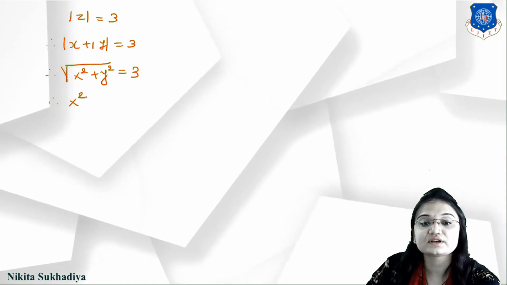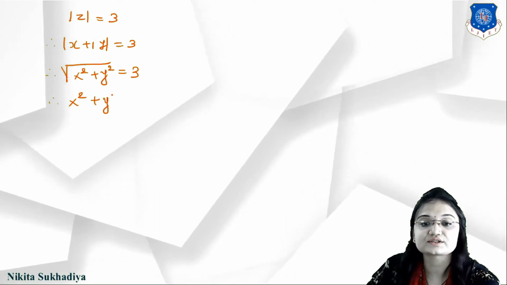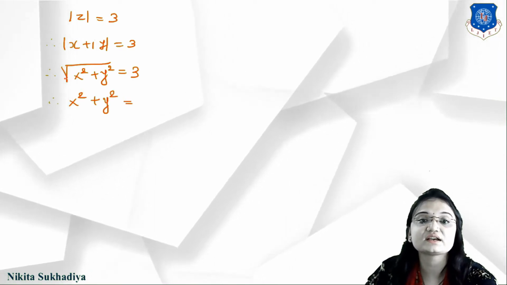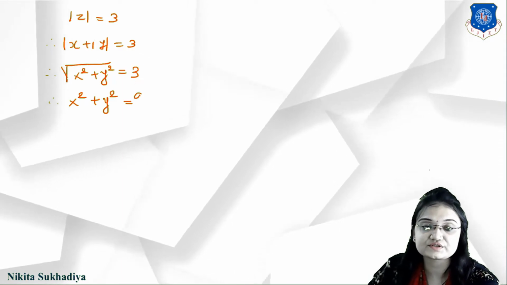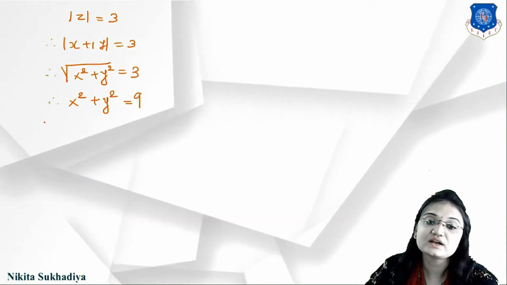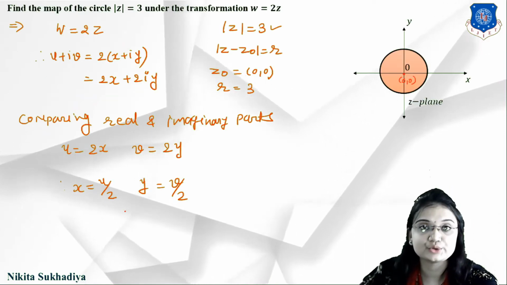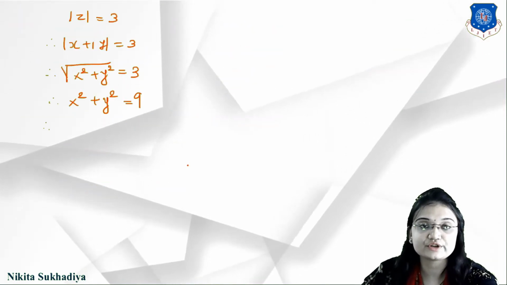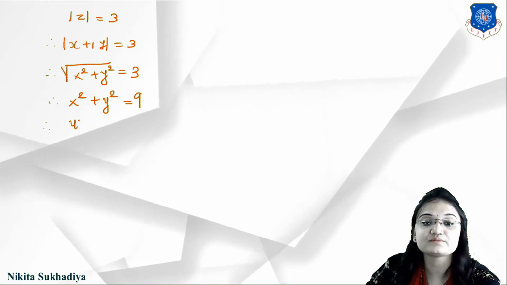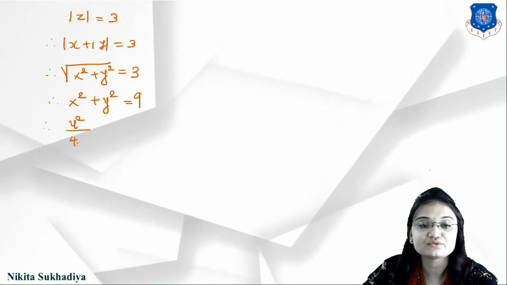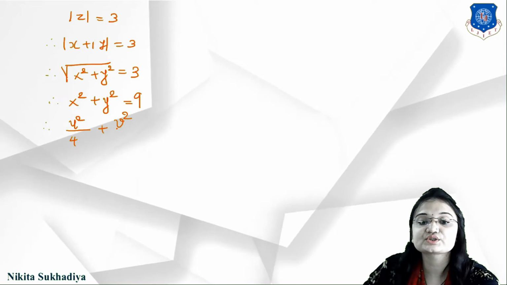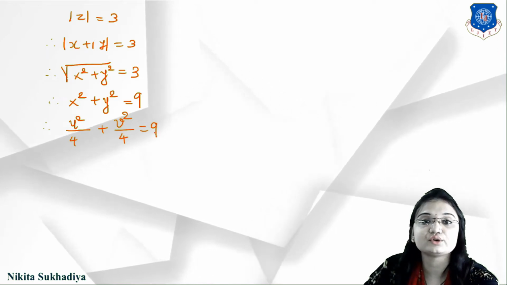So we can write x square plus y square, and by taking the square to the opposite side, this will become 9. We can put x is equal to u by 2 and y is equal to v by 2 here, so this will become u square by 4 plus v square by 4 is equal to 9.